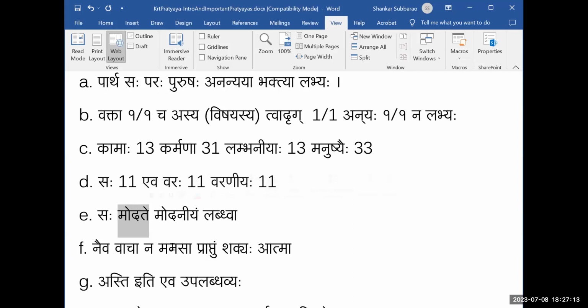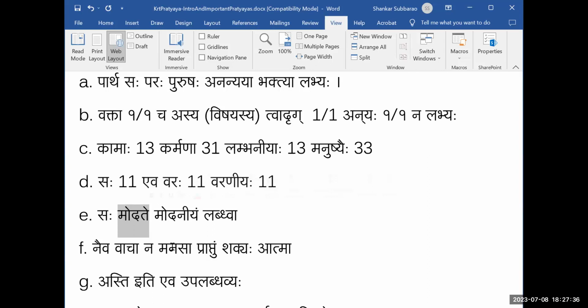Correct. Kartari or karmani? Kartari. Atmanepadi. Relax. Correct. Kartari. So modate will mean what?